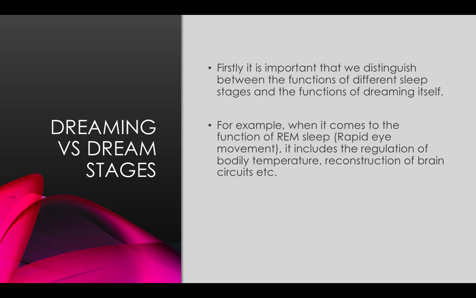For example, the function of REM sleep, which stands for rapid eye movement, has basically been proven to include things like regulation of body temperature and reconstruction of brain circuits. These are the functions of having REM sleep.